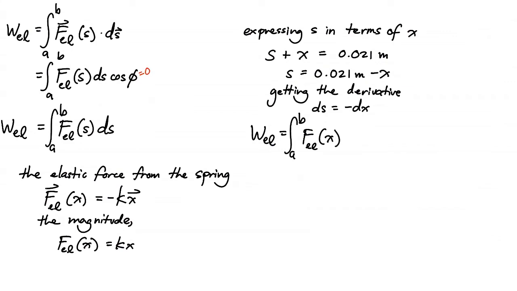So this should be multiplied to ds, but we have shown that ds is equal to negative dx, as shown here. Tapos, let us substitute yung value for the magnitude ng ating elastic force, and that is kx. So we got this from this equation here. So you have negative dx.